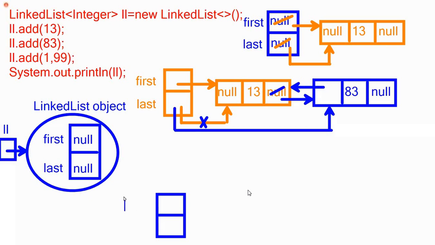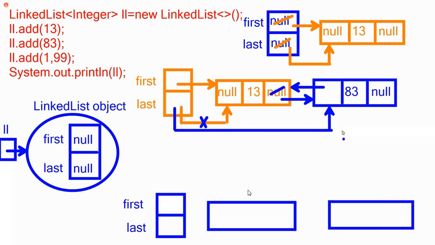Here, first, last. Here, two nodes. This is as it is, I am writing. Now, this is the first node.